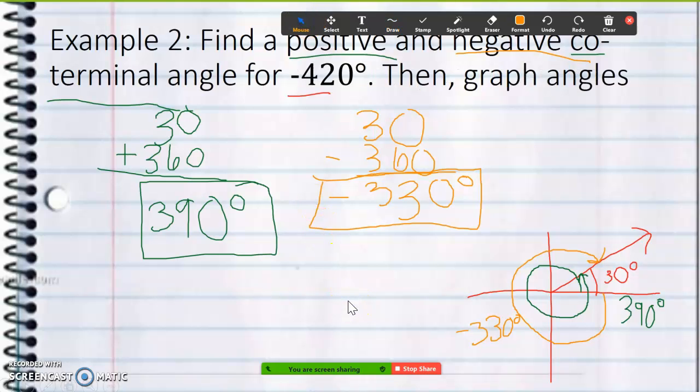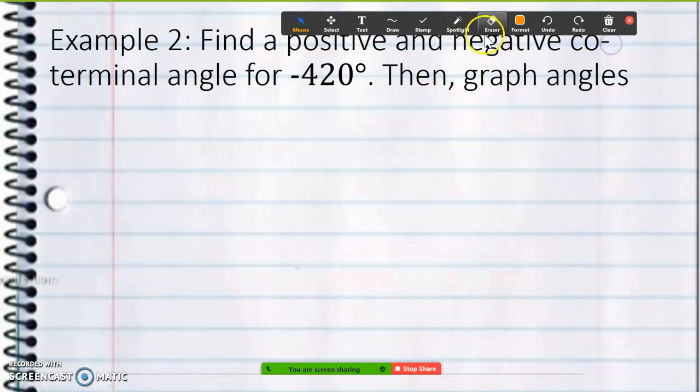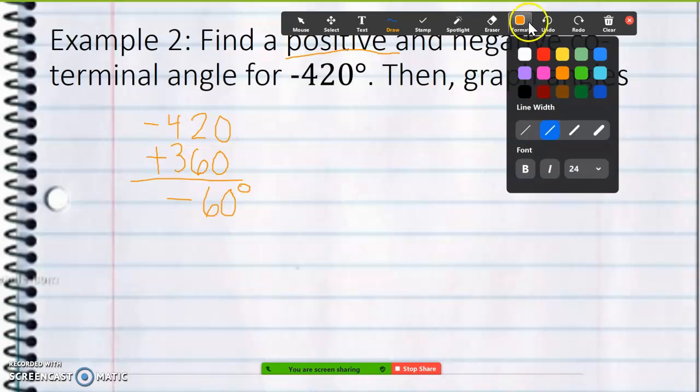Now let's look at example 2. We're still going to do the same idea because it is still in degrees. We're going to take negative 420 degrees, and we're going to find a positive first. So I'm going to add 360. Negative 420 plus 360 is negative 60 degrees.